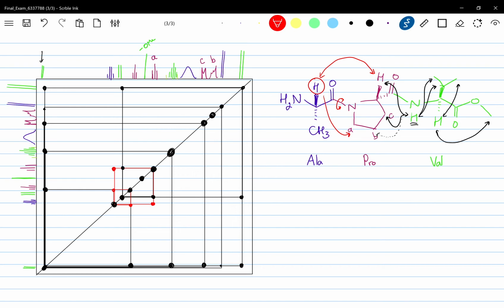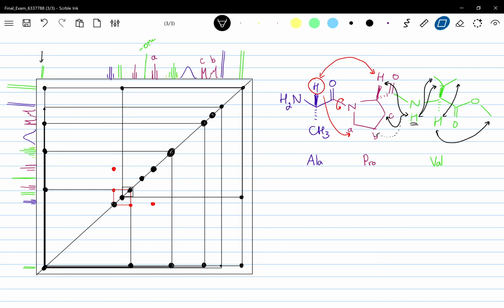Oh, I think I might have made some mistake. So it seems like, okay, we should first erase these two peaks. Okay, so let us get back to this NH proton.